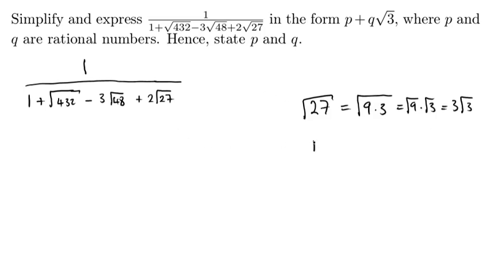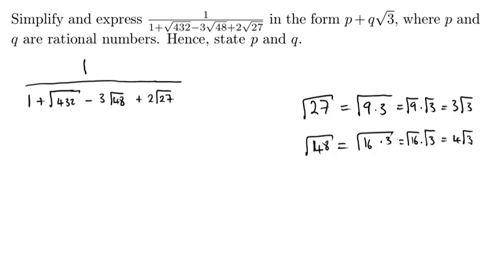48. 16 can go into 48 3 times. So we can say 16 times 3, which is the square root of 16 times the square root of 3, will just be 4 root 3.